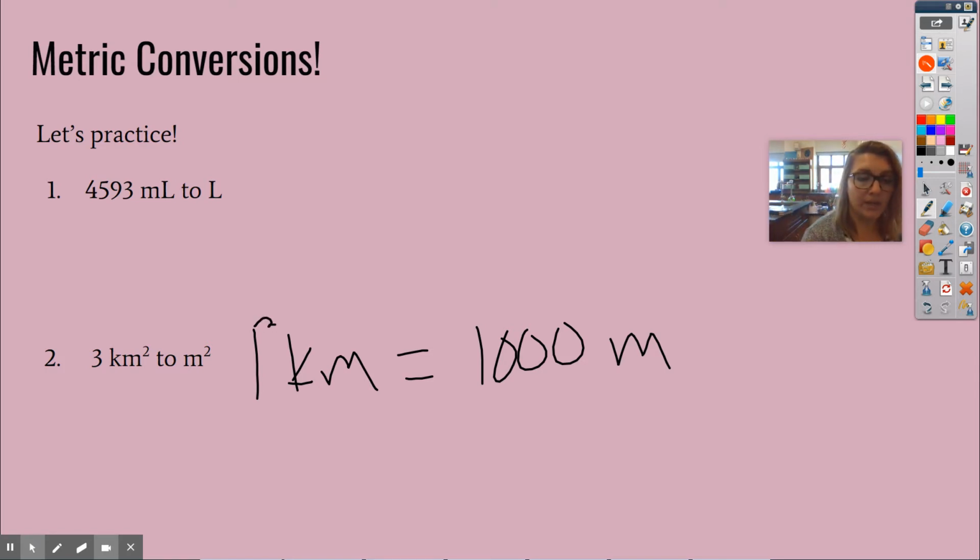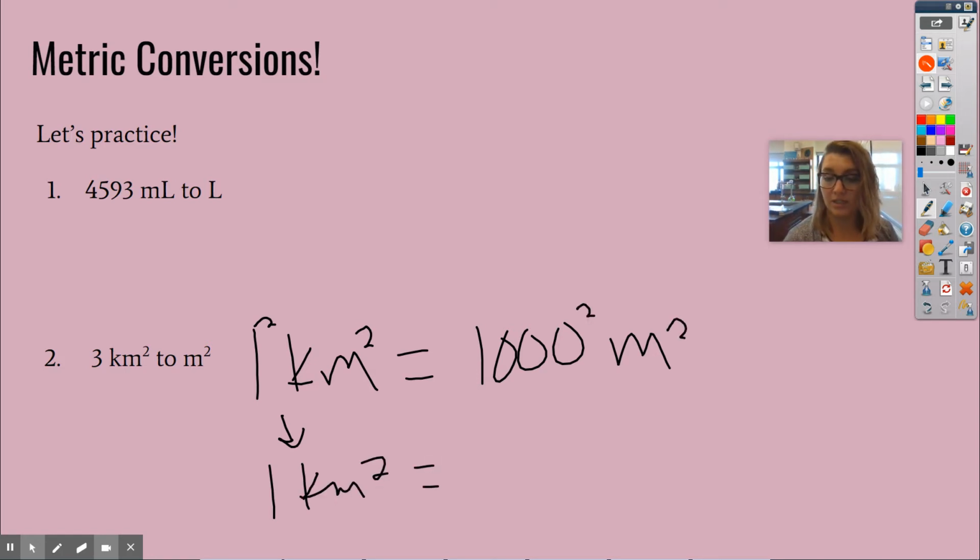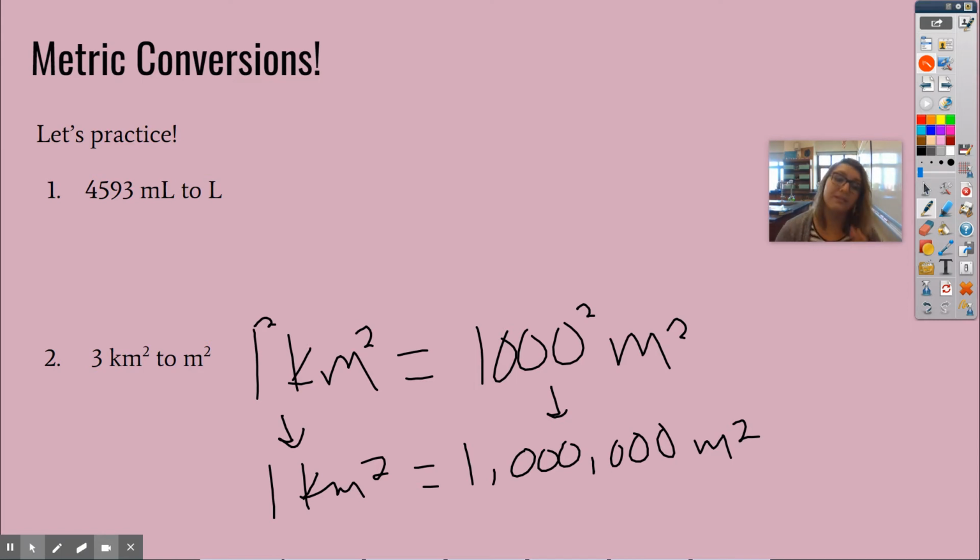So 1 squared, remember that's going to get us to our kilometer squared, is 1. 1 times 1 is 1. 1 kilometer squared equals, so now we're going to do the same thing over here. 1,000 squared, 1,000 times 1,000 is 1 million. All right, so 1 kilometer squared is 1,000,000 meters squared.